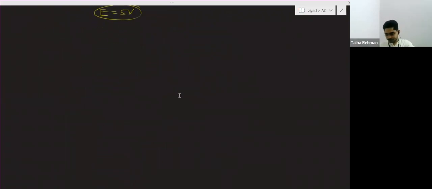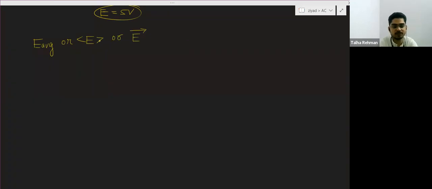Okay, so average value can be written like this also. In NCERT they have written like this, or you can write the average value of EMF like this.